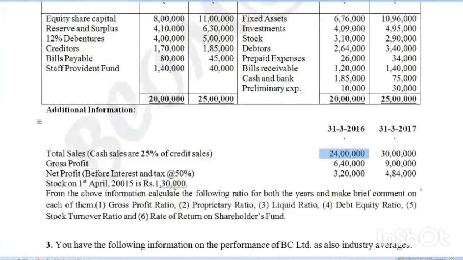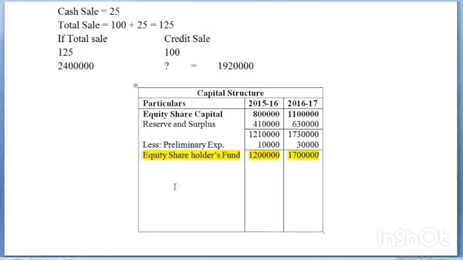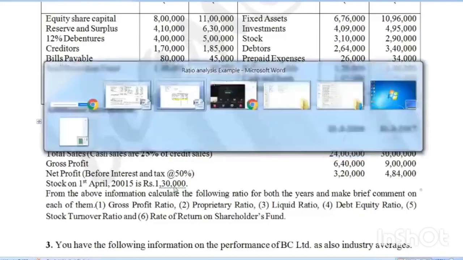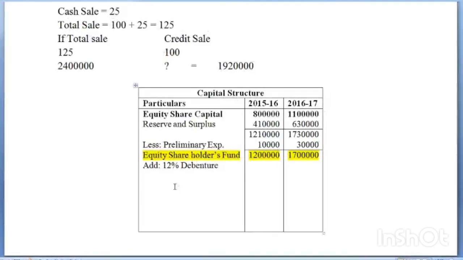No. So debentures we have, so add debentures. 12% debenture. Debentures are here 4 lakh and 5 lakh.